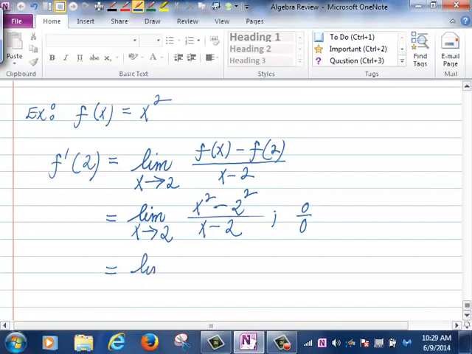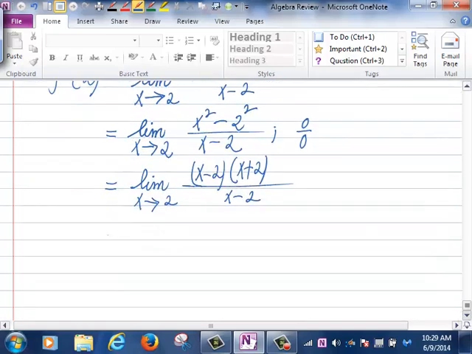This is the limit as x going to 2. This would be x minus 2 times x plus 2 divided by x minus 2. And this would be equal to the limit as x going to 2 of x plus 2, and that limit is equal to what? 2 plus 2, which is 4.